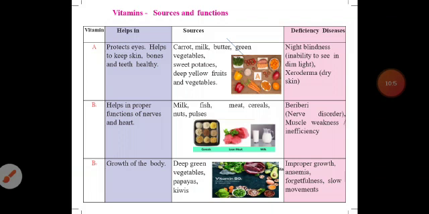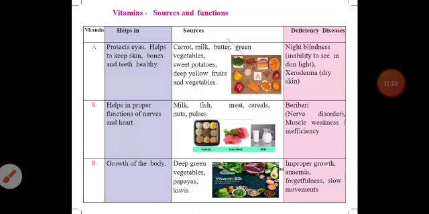Here they have shown the sources in this picture. Which deficiency diseases are caused due to lack of vitamin A? Night blindness. It means inability to see in dim light. And next is xeroderma. It means your skin becomes dry.